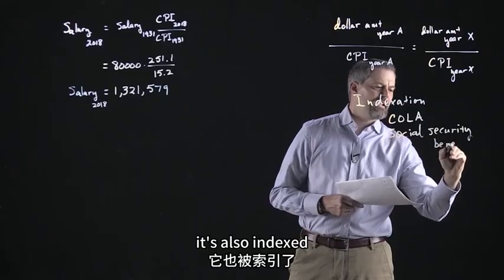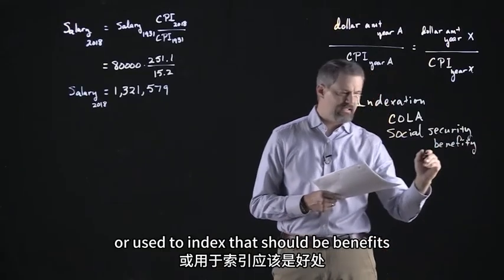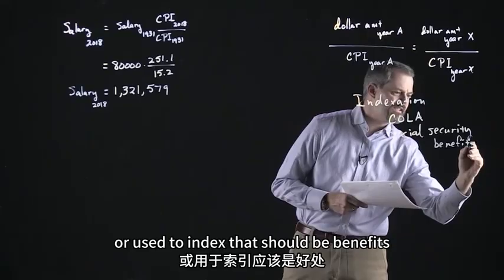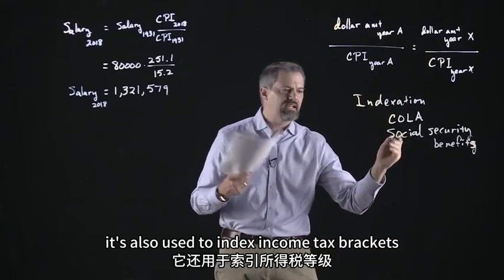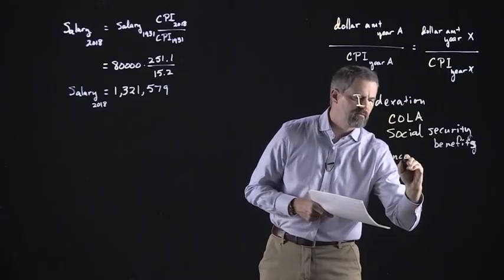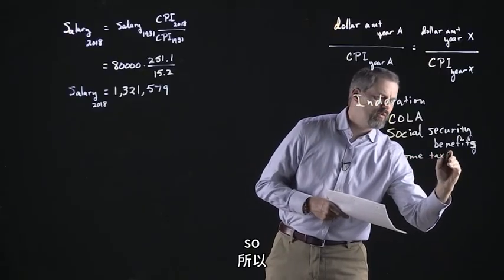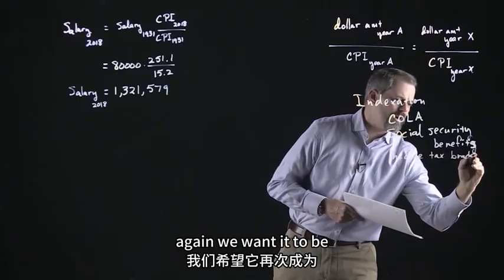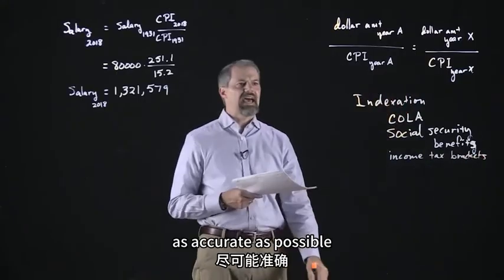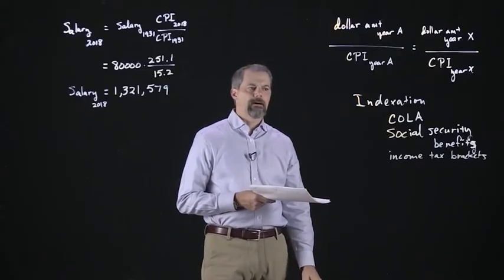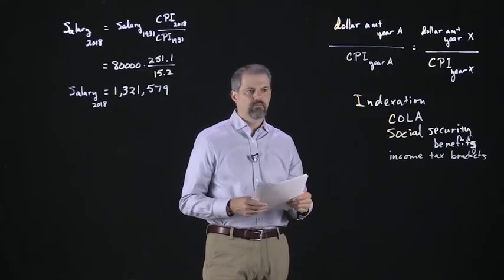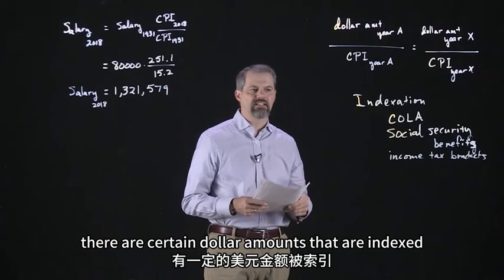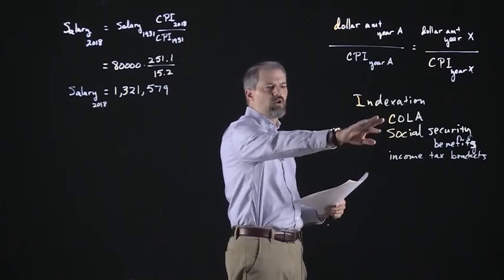It's also used to index income tax brackets. So again, we want it to be as accurate as possible, because there are certain dollar amounts that are indexed, either by law or by contract.